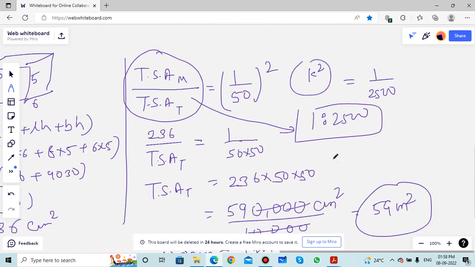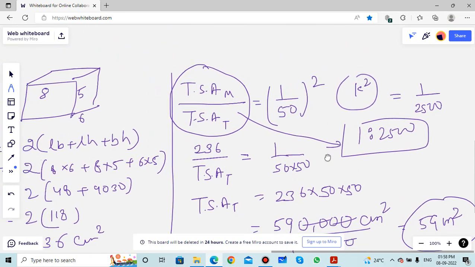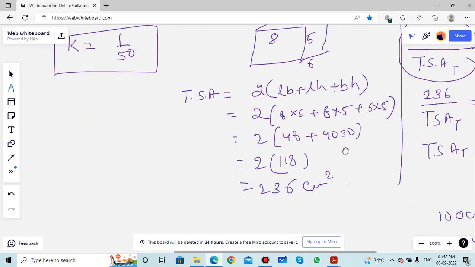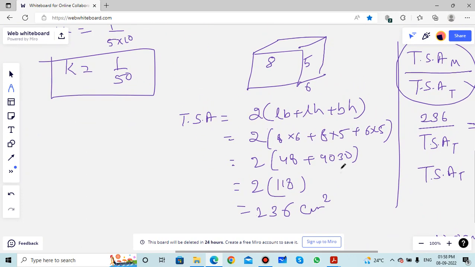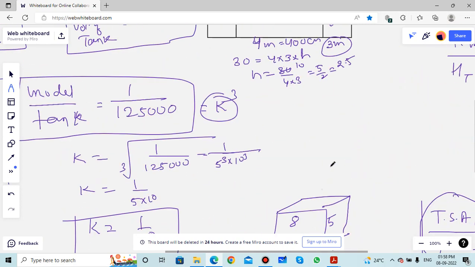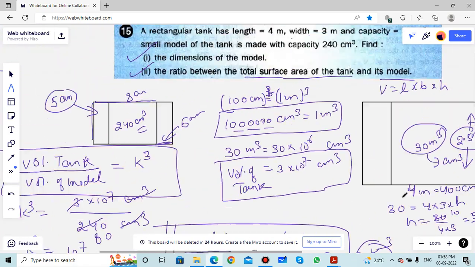And we found the total surface area of the model also. But that was not required in it. So this is done now. Let's see the next question in it.